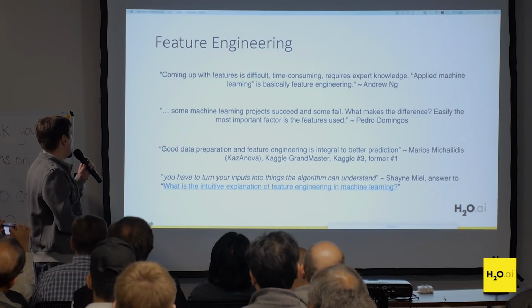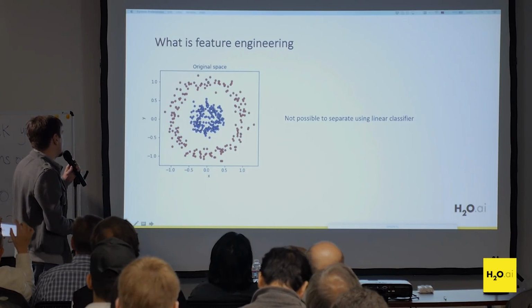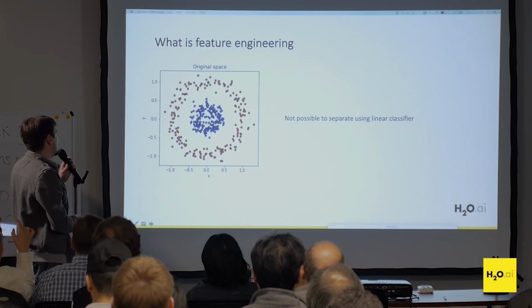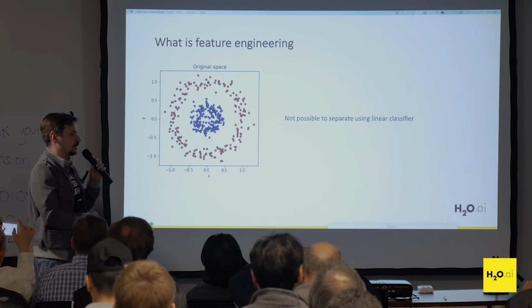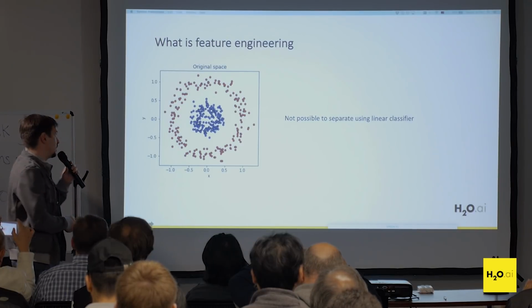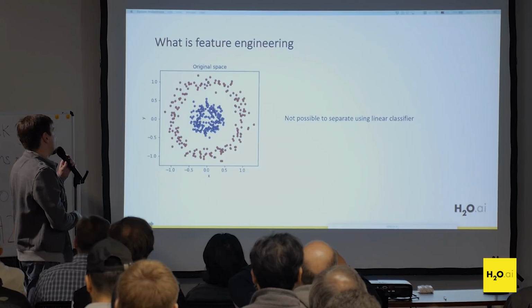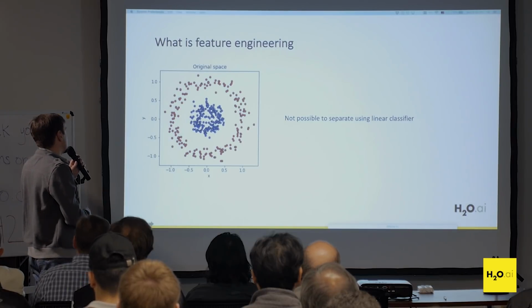And so this slide is some sort of motivation. Considering we have a 2D space, we have points, red and blue, and we would like to build a linear classifier which is able to classify them correctly. That's not actually possible given the data. There's no way you can split them by just a line into separate classes.